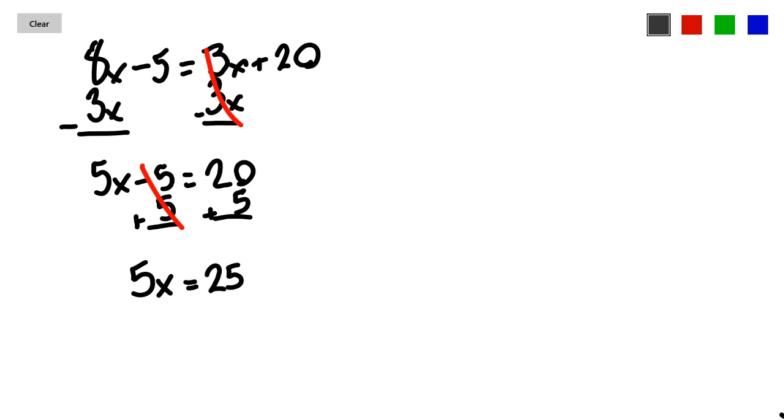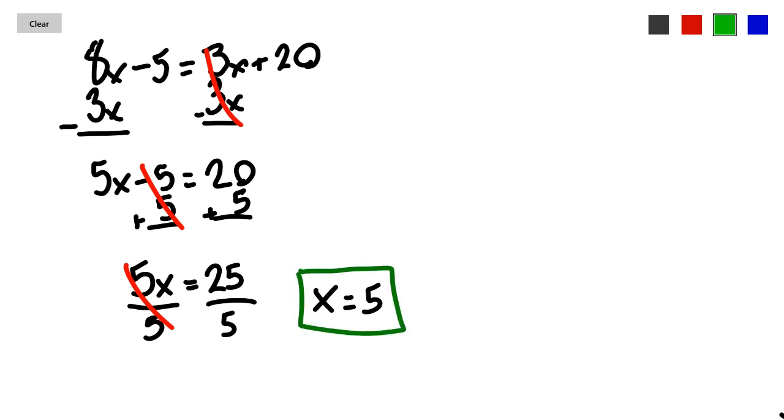Now all I have to do to get x isolated is to divide both sides by 5. 5 divided by 5 gives me 1, and 1 times x is just x. What I'm left with is that x is equal to 5, because 25 divided by 5 gives me 5.